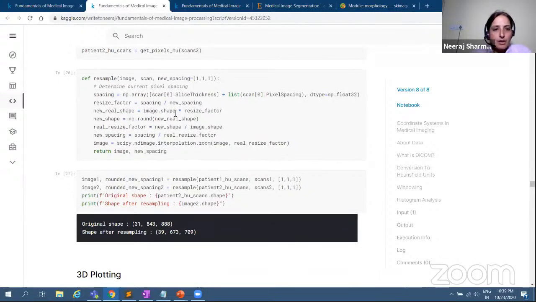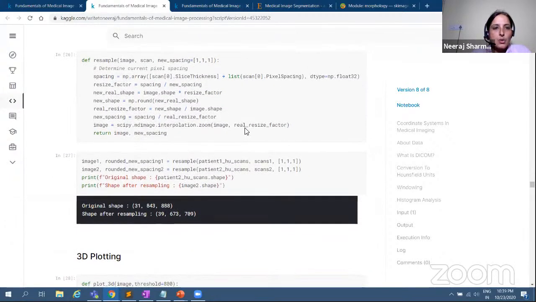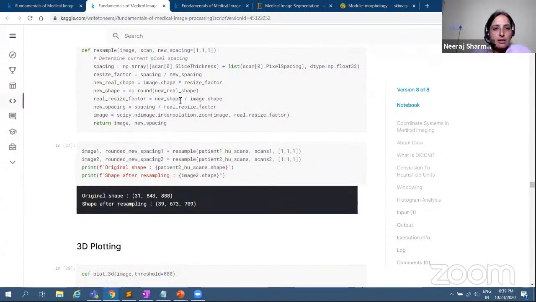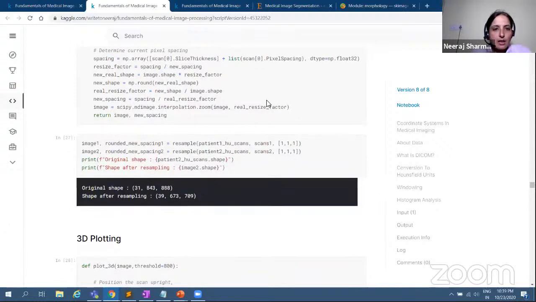Then we multiply the existing image shape by the resize factor, so we get the new shape. We round it off, so in terms of pixels we get the real resize factor, and accordingly we get the new spacing.